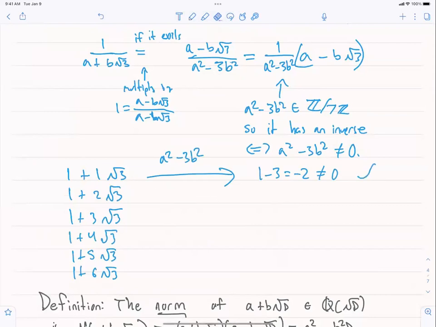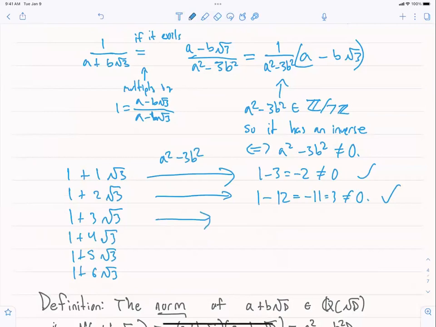Here I get 1 minus 12. This is minus 11, which mod 7 is 3. I don't really need to do that. The point is minus 11 is not divisible by 7, so that's not 0.